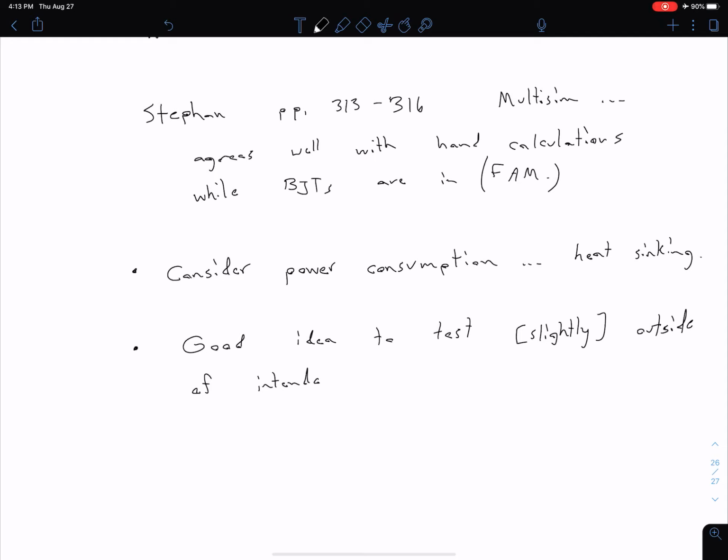The reason we want to do this is because, of course, the real world isn't really going to care if you designed this circuit to work for output currents between 0.3 amps and 1.5 amps. Maybe we have a spike and that's going to go up to 2 amps really quickly. So it's a good idea to incorporate that into your design process.